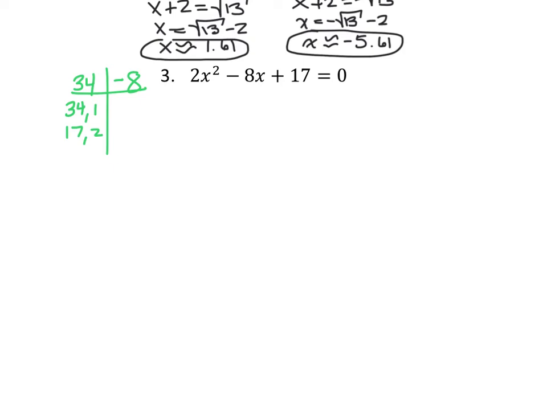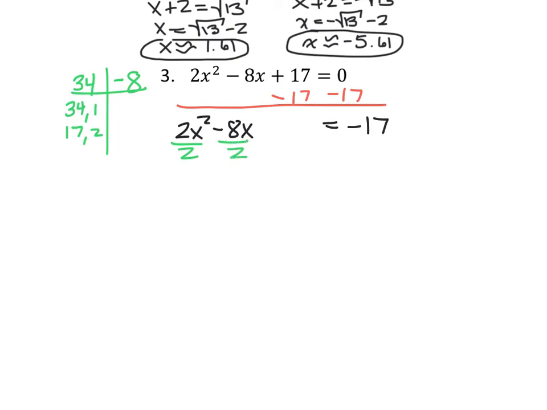And so we need to get that 17 over to the other side so that we can try to create a perfect square here. So we have 2x squared minus 8x equals -17. And the important thing here is that a has to equal 1. It's just so much easier to create a perfect square. So we're going to get rid of that 2 out front there. If I divide through by 2, every term has to see that division.